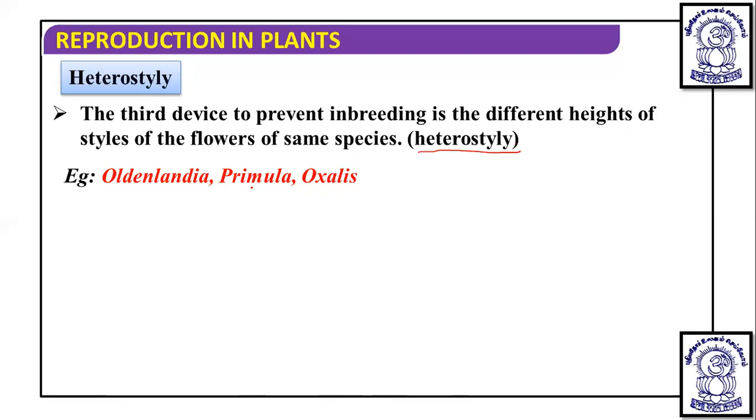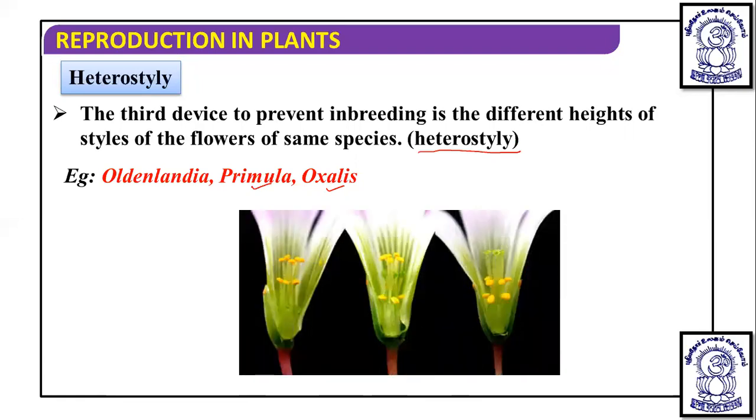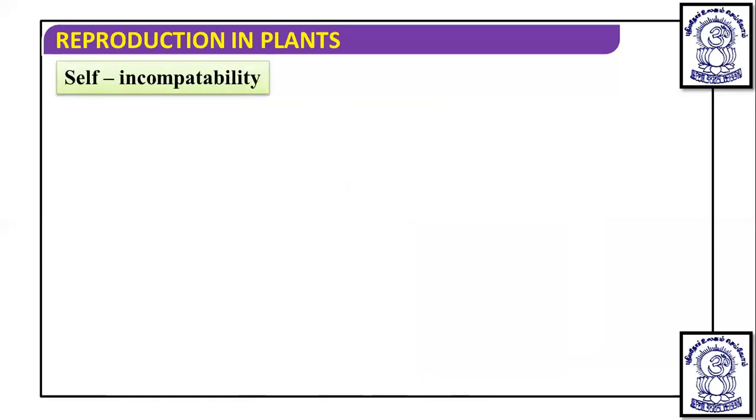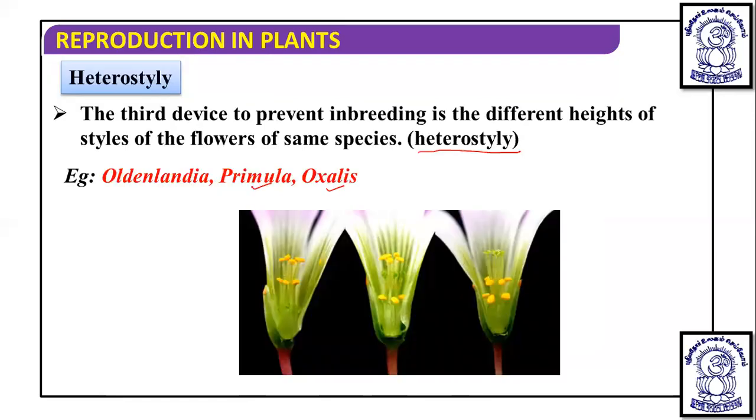You can see diagrammatically the three types shown here. These are the top position, these are the lower position, and these are the anthers. We have to draw this in detail.